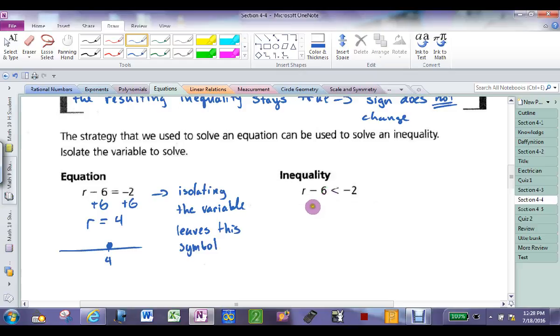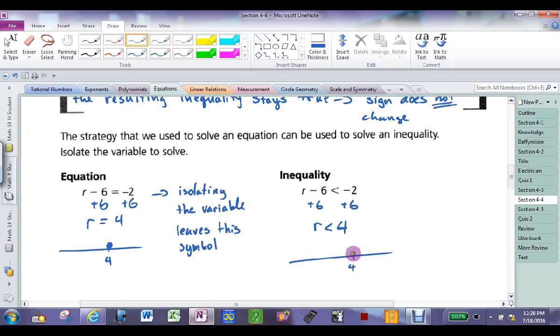It's going to do the same thing. Plus 6, plus 6. R is going to be... since I added to both sides, does the symbol change? No. And it is 4. How many answers does that have? Multiple. Infinite.